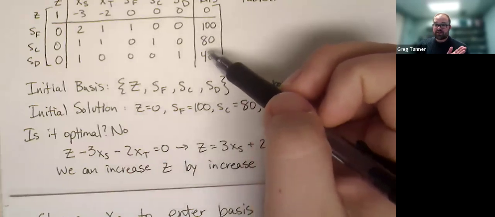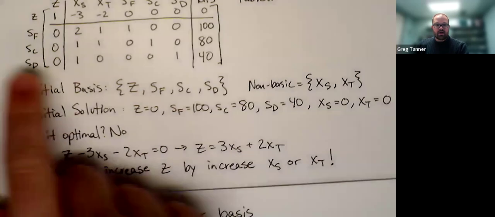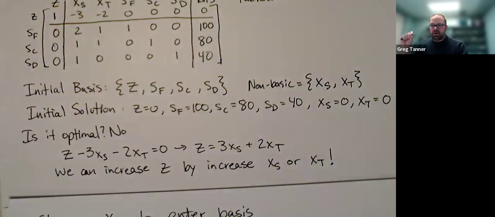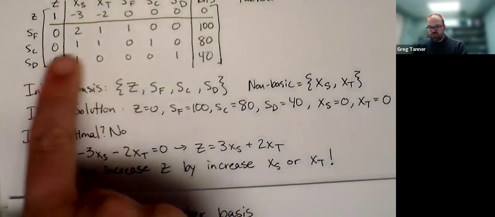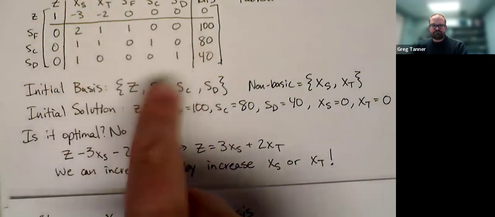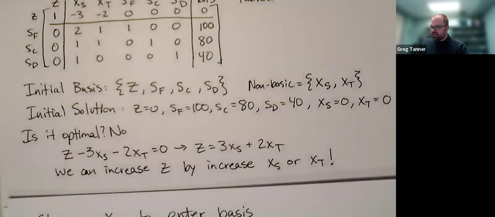Remember, we don't have inequalities anymore. We've got equalities. So if xs increases, sf, sc, and sd are going to have to compensate. And the question is, as they're compensating, which one of those gets driven to 0 first? Okay, so let's actually write out what each of these constraints are, maybe not in augmented form, but actually as formulas, and let's look at those.